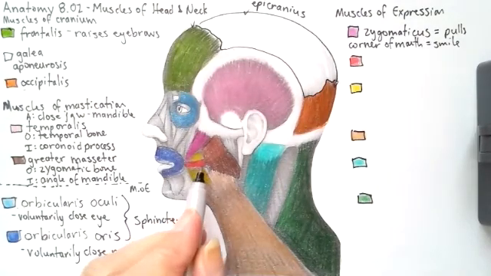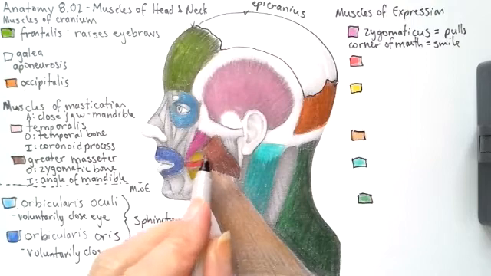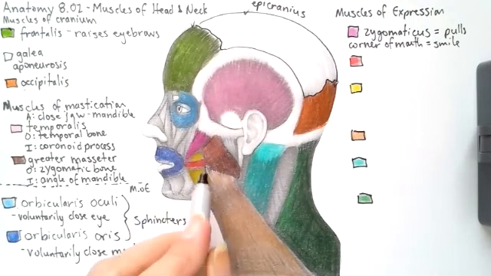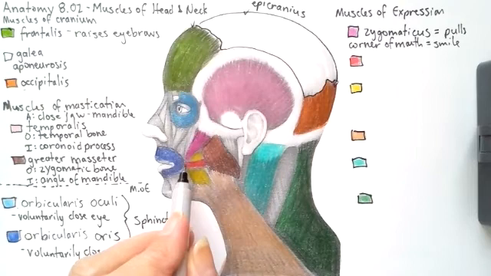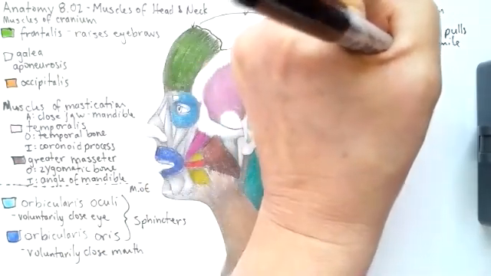Okay, here we have this short little muscle, and you can't see the other end of it. It lies underneath the masseter. But you can see that it inserts at the corner, the middle of the orbicularis oris. This is called the risorius, R-I-S-O-R-I-U-S.